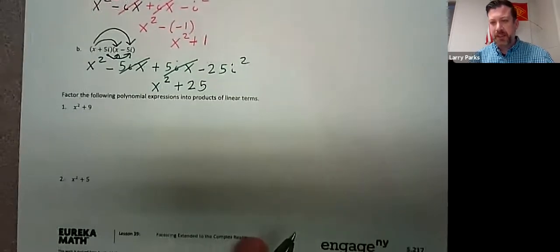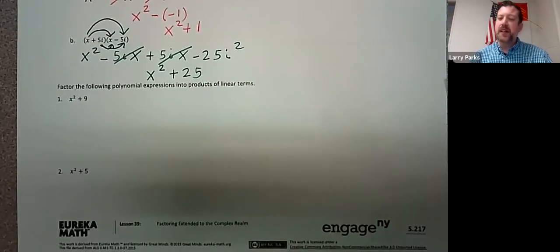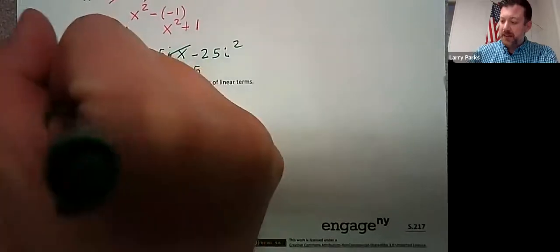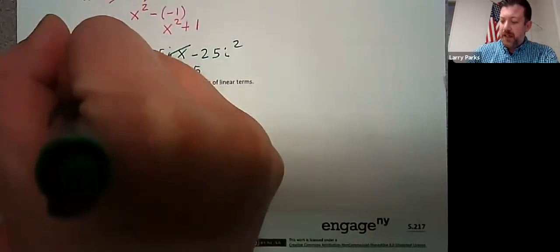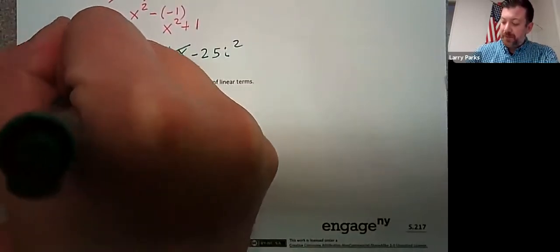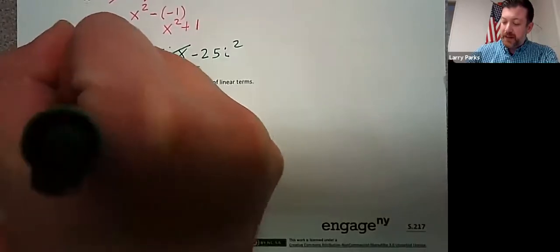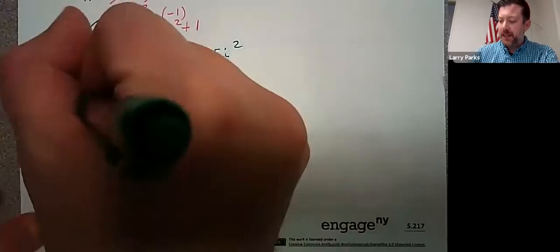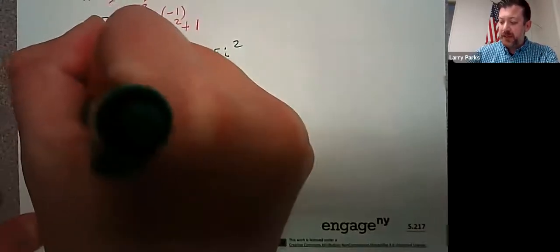Here's an example, and again, this is review. If I have x squared plus 9, I would take x squared, and I would recognize that x squared is x and x. And I would recognize that 9 is 3 times 3.